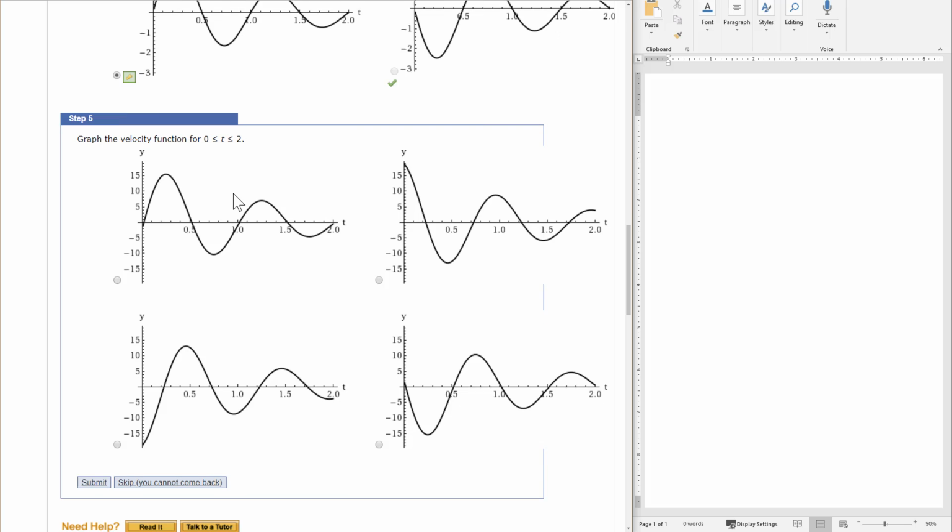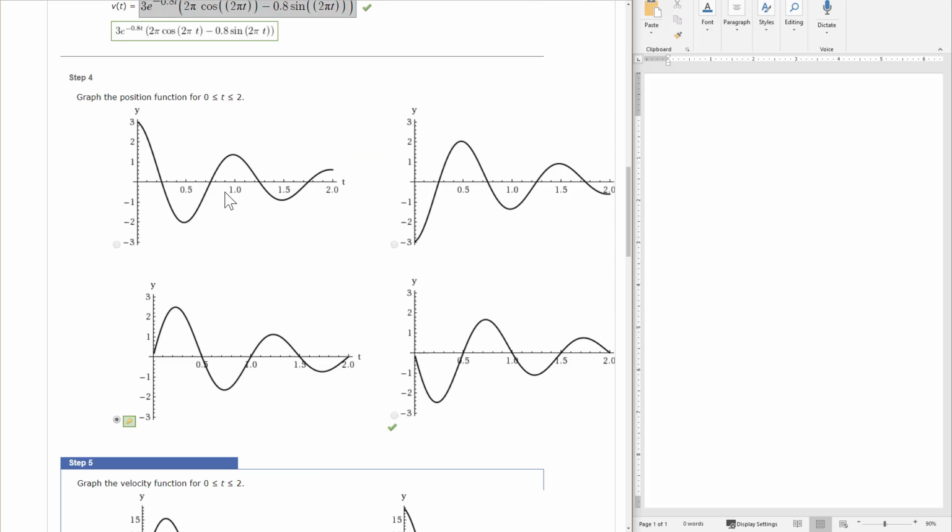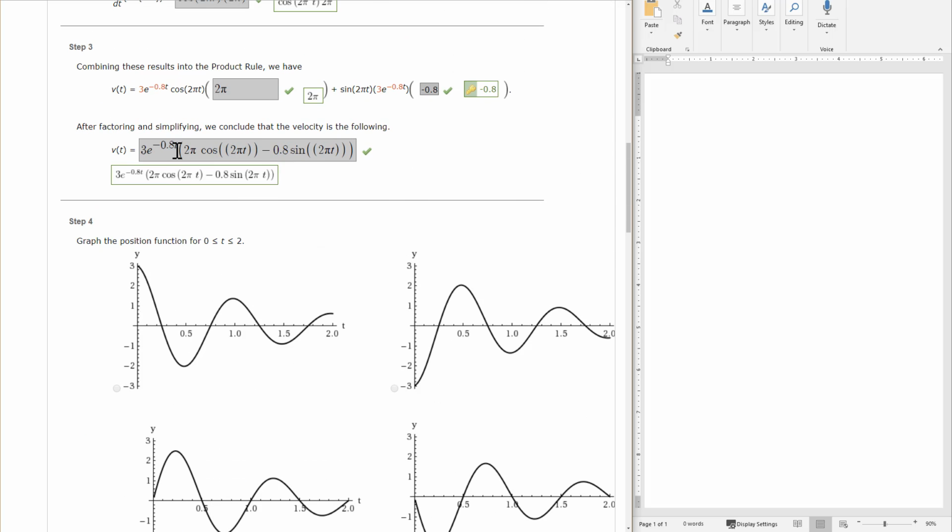Now they want us to graph the velocity function. So the velocity function, before we actually try to graph it, let's take a look at some of the aspects that's involved. We have again an exponential function that's going to shrink whatever this is going to be as x goes off to infinity, or as t goes off to infinity. This is going to be an oscillating function with a period of 2 pi divided by 2 pi, so that's a period of 1.